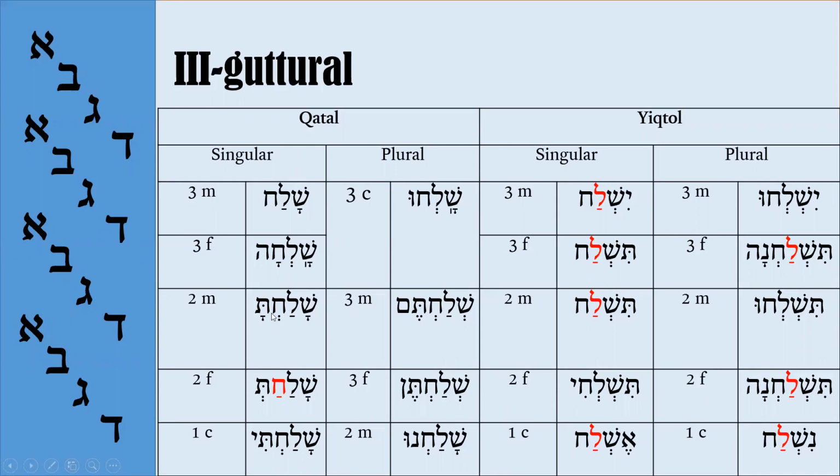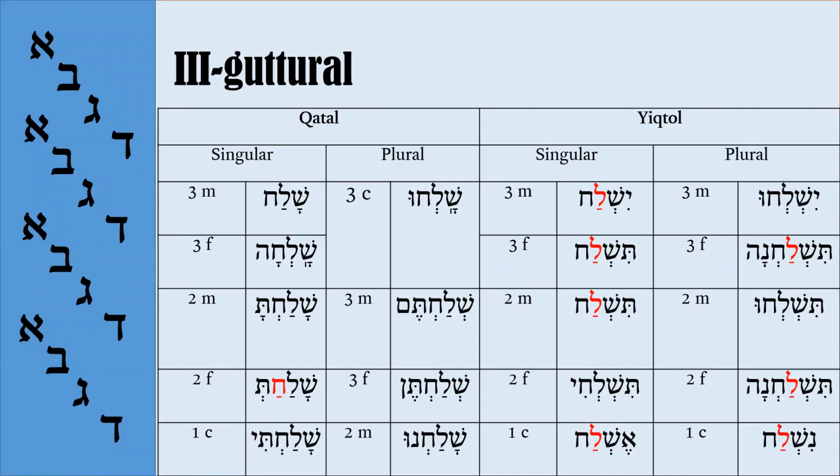But for this case, they allowed sheva to be here. So don't be surprised if you have a sheva under the third guttural letter in the verb. In the second person feminine, we have patach here. So this is the only deviation, in the second feminine singular, when we have patach.